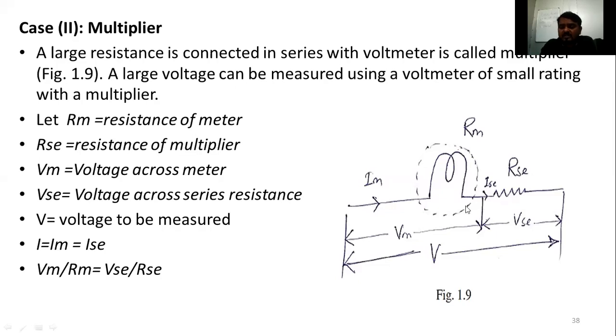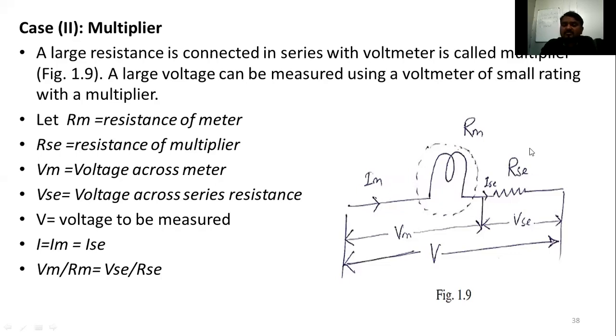From this circuit, we can extend the voltage range. A large resistance connected in series with a voltmeter is called a multiplier.